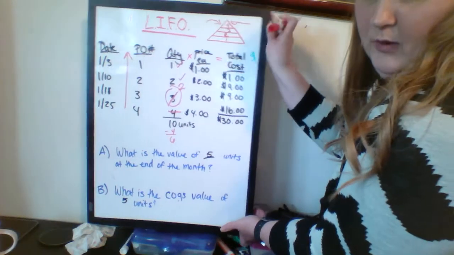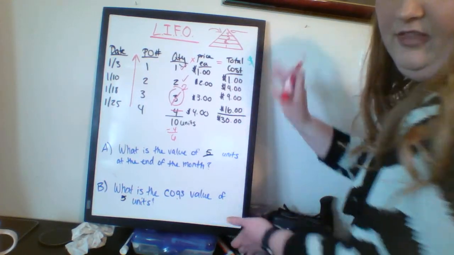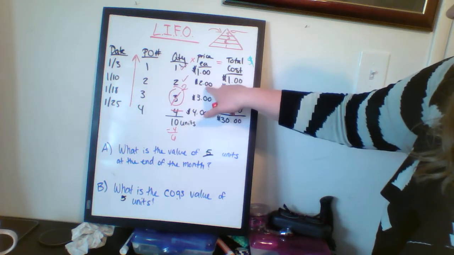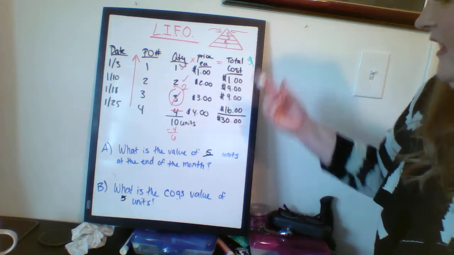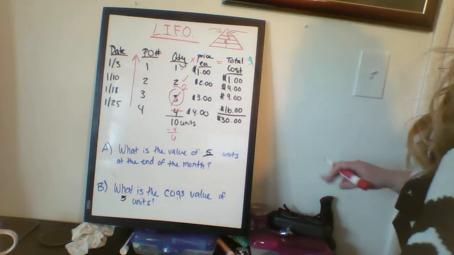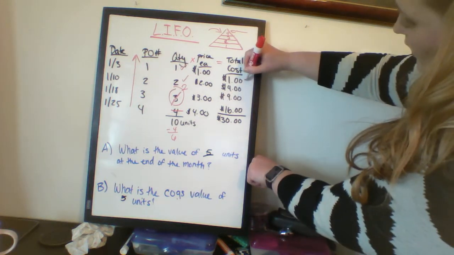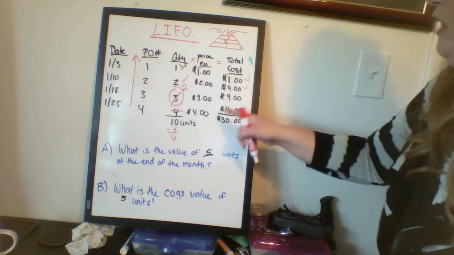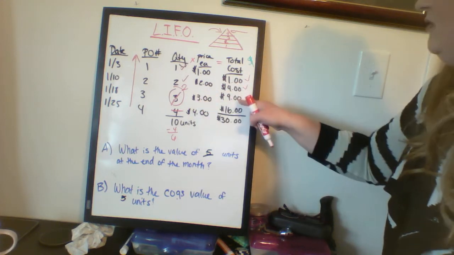I'm going to back this up so we could do the math. So here we go. The math that we're going to look at today is what is the value? If you notice, each one of these units has a different price value. So we can easily say that the $1 still exists, the $4 still exists because 2 and 2 is 4. However, 2 times 3 is now going to be 6, instead of 9.